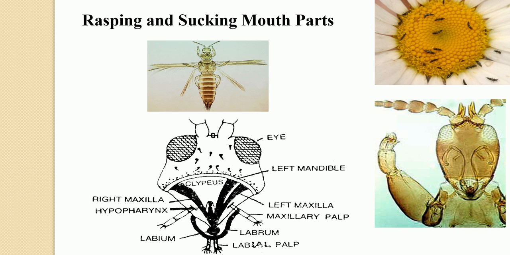They are asymmetrical due to the absence of the right mandible, and the stylets are confined to the base in individual pouches. They do not form a food canal, do not enter the wound deeply, and only whatever sap is exuded on the surface is sucked up by the cone-shaped mouth rather than the stylets. The food canal lies between the labrum and hypopharynx, with the saliva passing to the tip of the stylets between the labium. So these are the features of the rasping and sucking kind of mouth part.